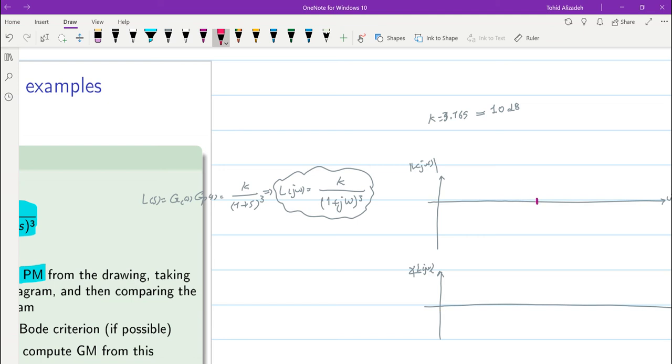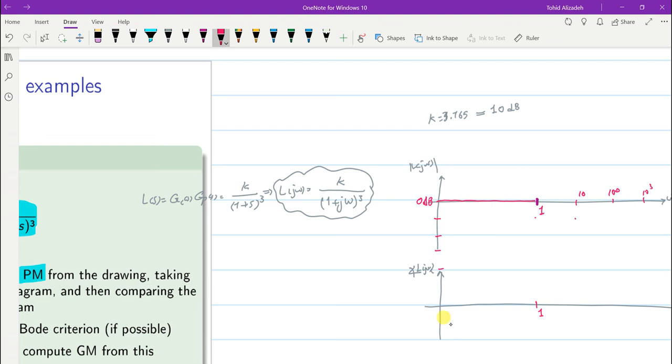We will have at omega equal to 1 the corner frequency for 1 over 1 plus j omega. We'll have 3 terms with 0 dB till that point, and then, let's say this is our 10, 100, 10 to the 3.